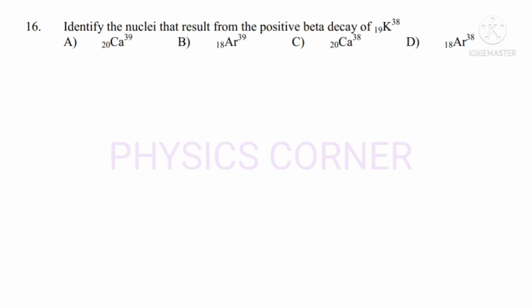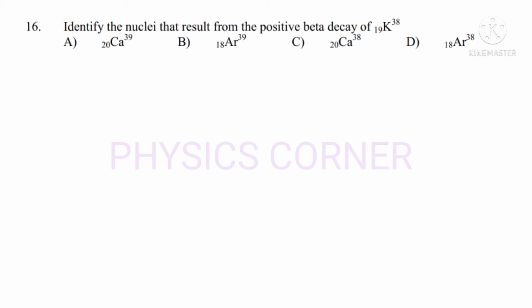Generally it occurs for proton rich nuclei, and it is considered as the decay of a proton into a neutron, with the parent nucleus emitting a positron and a neutrino.